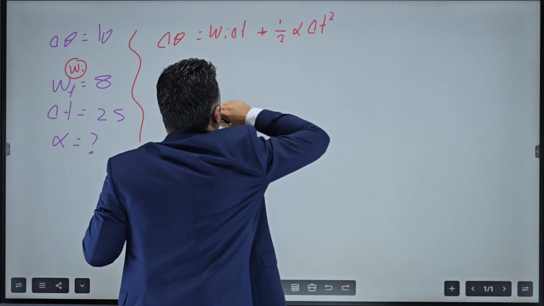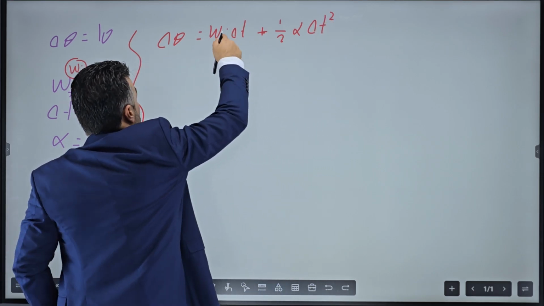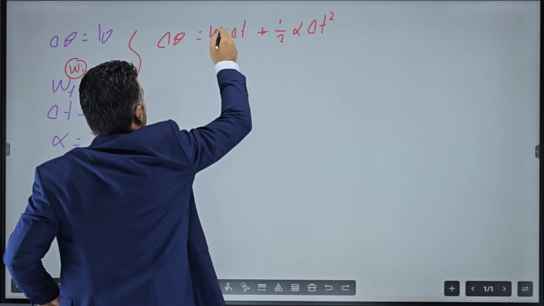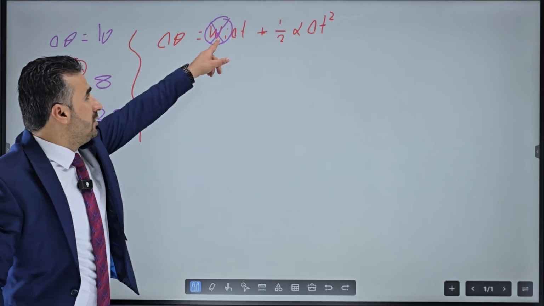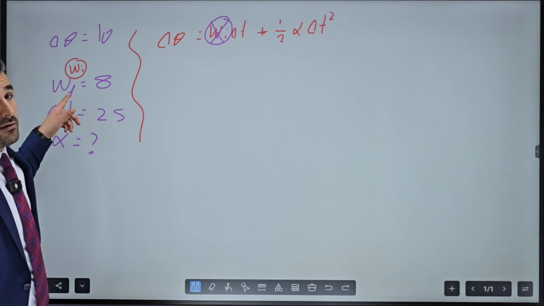But now you can't. Why? Because in the third equation, you need omega initial, but what you're given is omega final.